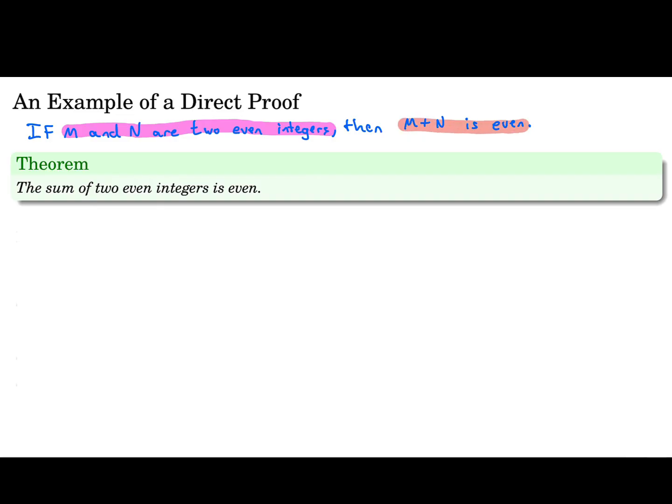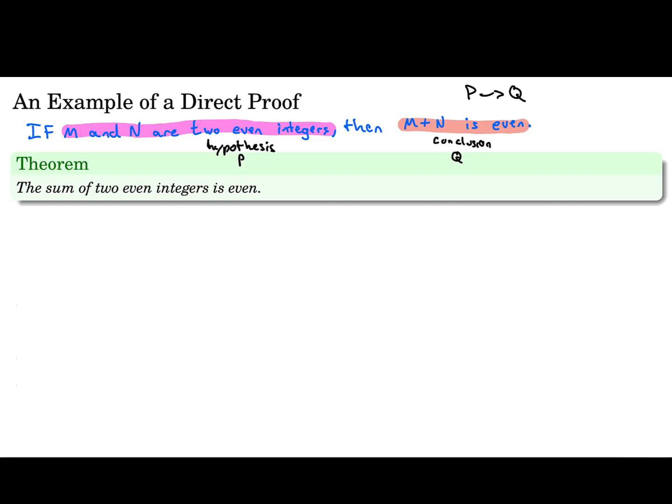So this is the hypothesis, and this is the conclusion. If I call this P and I call this Q, then the theorem is essentially showing that P implies Q. Okay, so with that done, how can we do this?